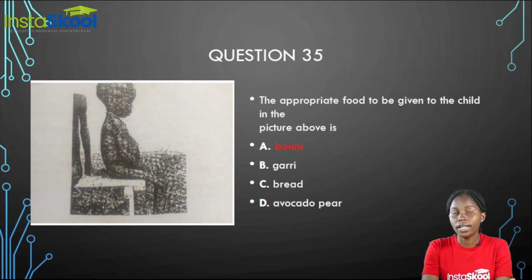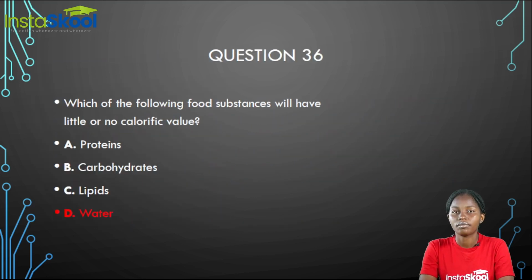And we have beans in our option A. This child should be given beans because he lacks protein, and beans is an excellent source of protein. We move on to question 36. Which of the following food substances will have little or no calorific value?